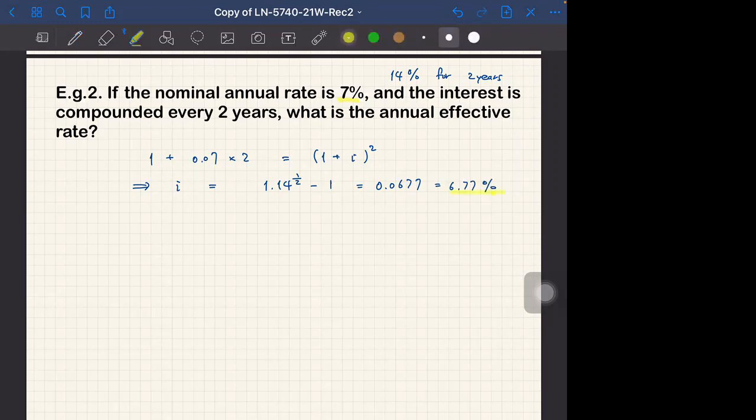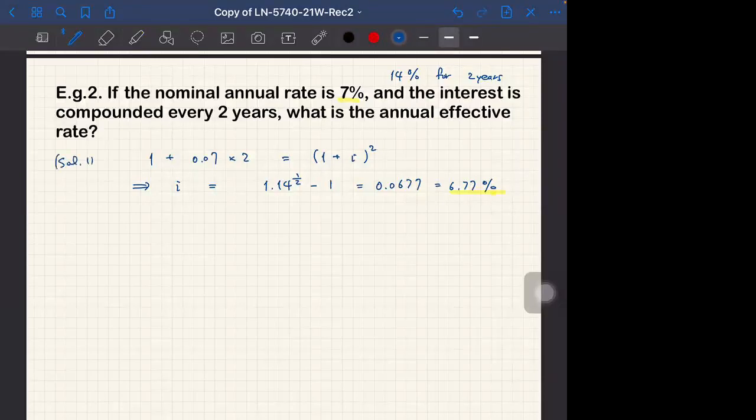Annual rate 7% compounded every 2 years means 14% for 2 years. The annual effective rate compounds every year, so (1 + i) squared is equal to 1 plus 14%. So i is equal to 0.0677. This is solution 1.